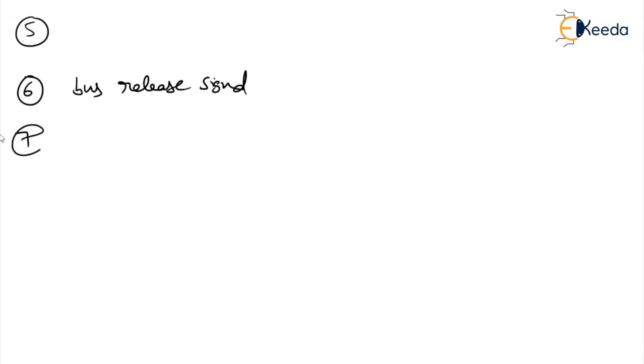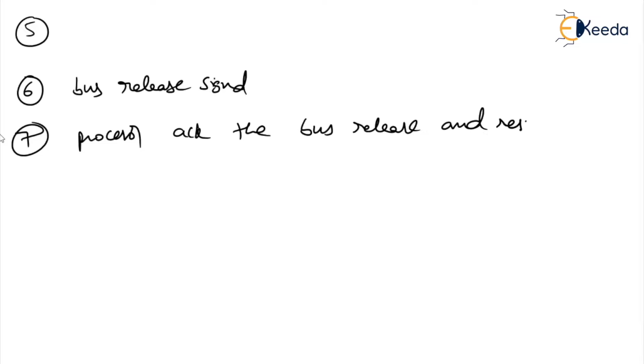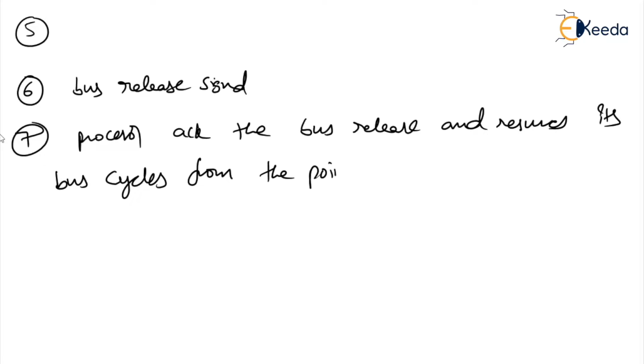And the last one, the processor acknowledges the bus release and resumes its bus cycle from the point where it left off. So these are the DMA controller operation steps in a typical DMA cycle.